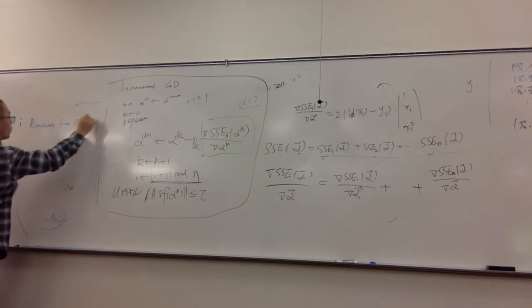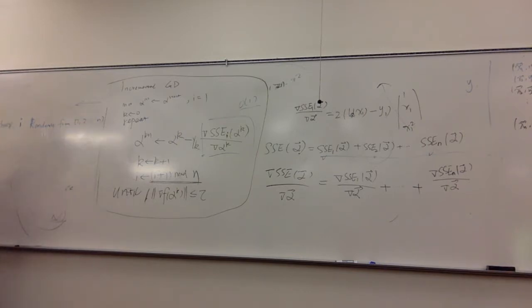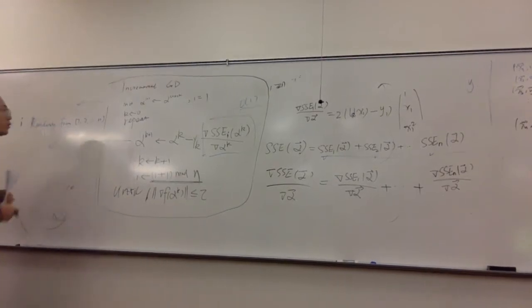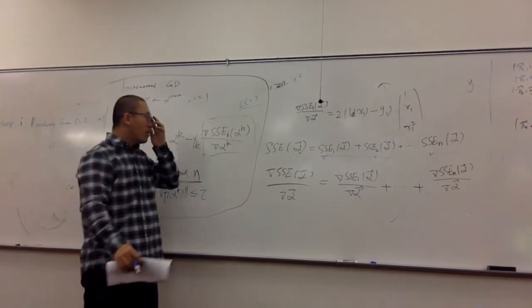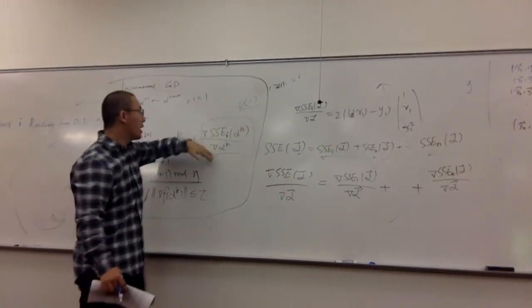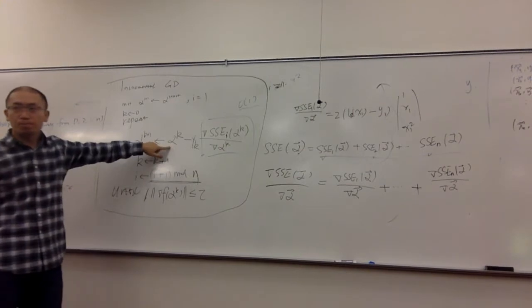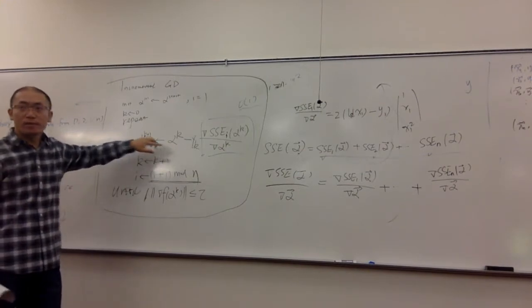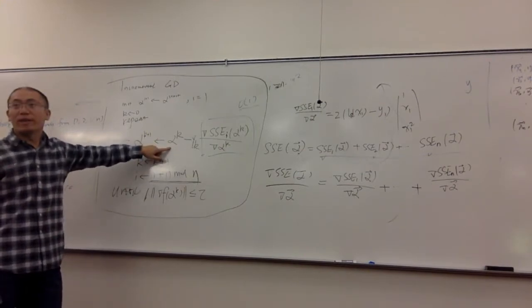from the range 1 to n. And then you compute the corresponding SSE of that instance, the gradient, and use that gradient to update the current parameters alpha k.